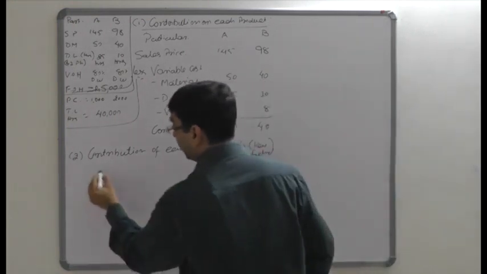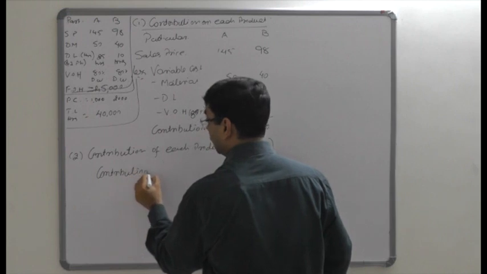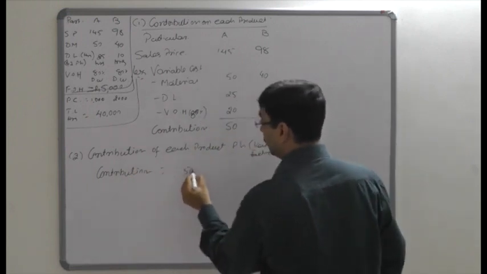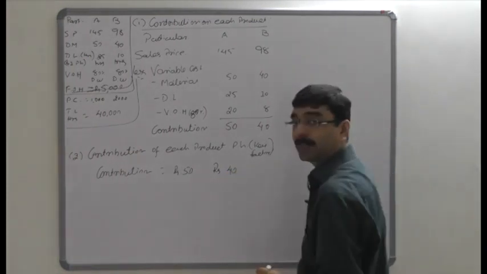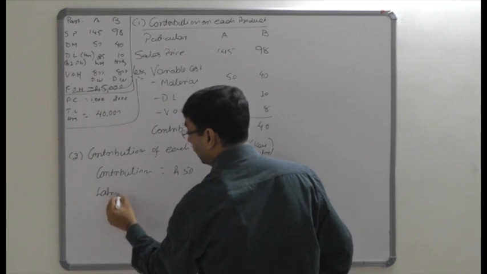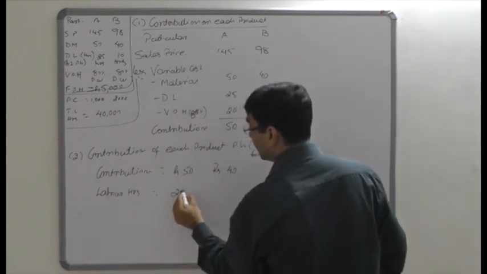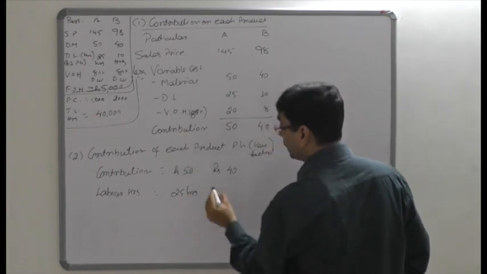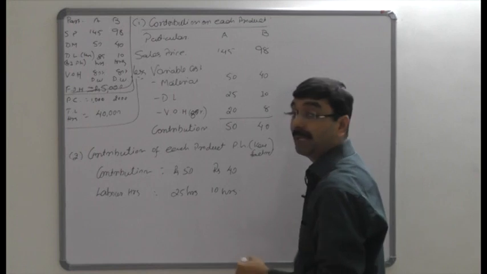See here, the contribution of product A is 50 rupees and B is 40 rupees. Then the labor hours for each product, for A is 25 hours and for B is 10 hours. Now we will divide the contribution by labor hours.